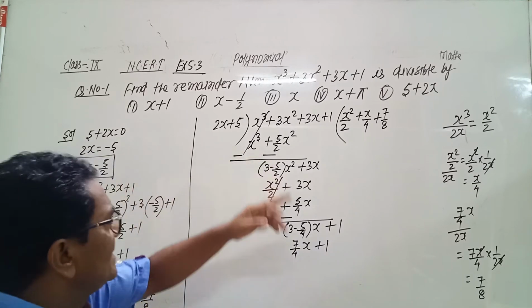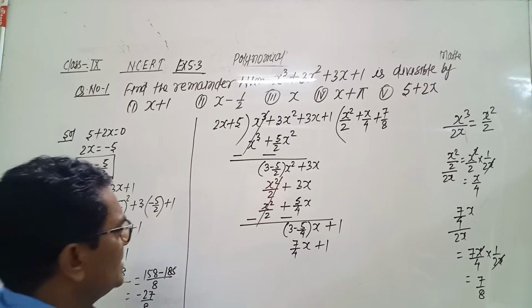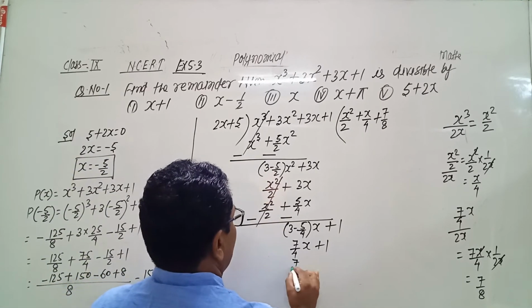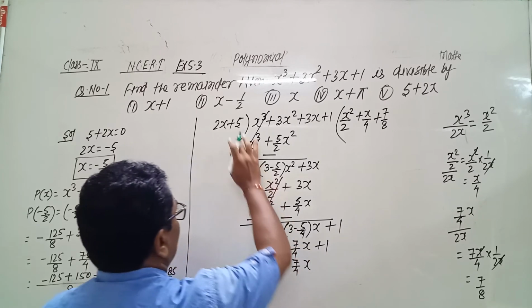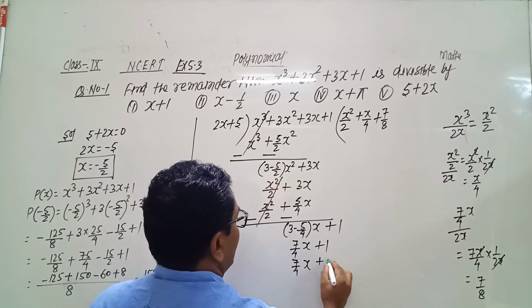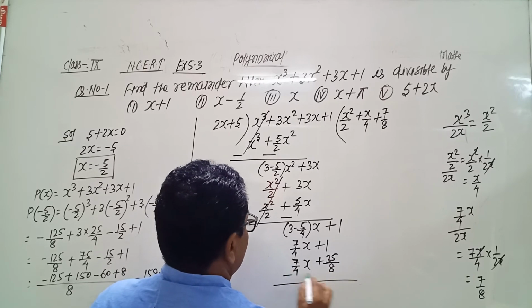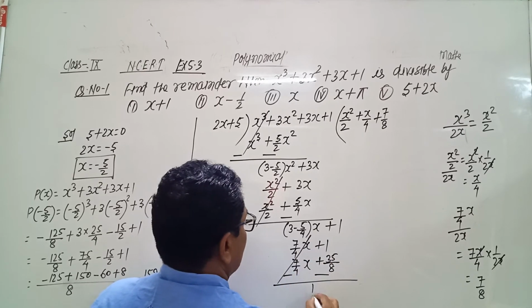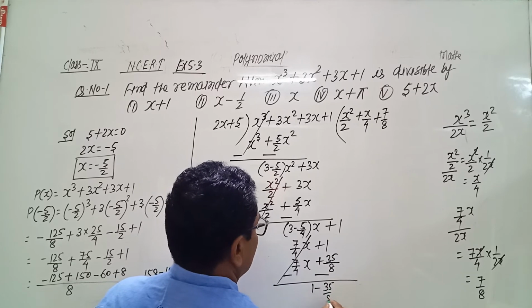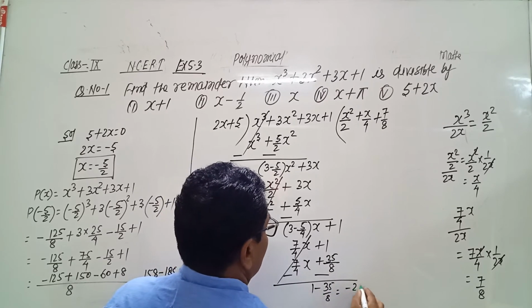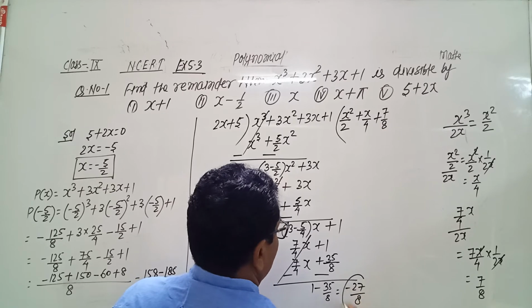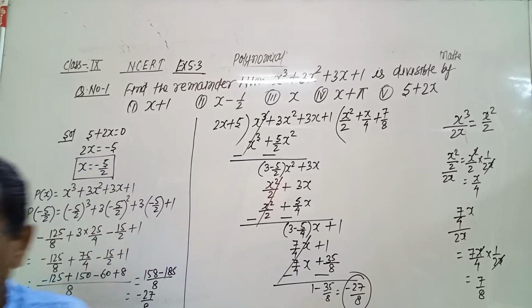So 2x multiplied by 7 by 8 comes 7 by 4 x. And 5 multiplied by 7 by 8 gives 35 by 8. Sign changed, and 1 minus 35 by 8, we get 8 minus 35, minus 27 by 8. So the remainder is minus 27 by 8.